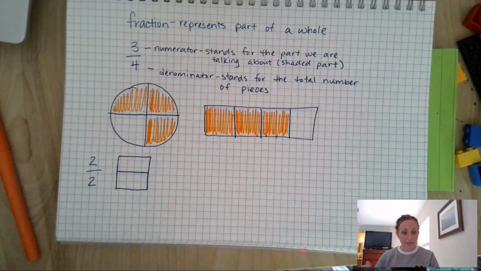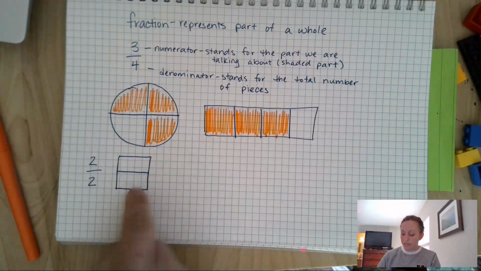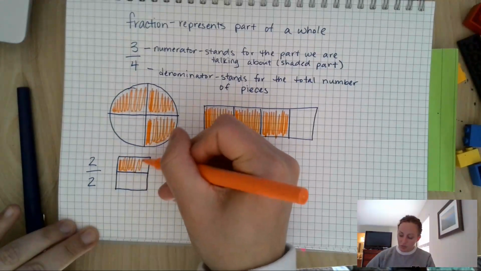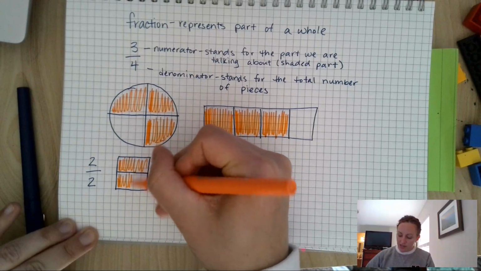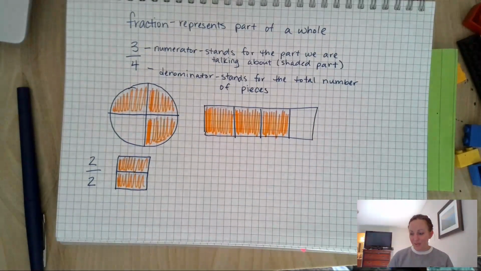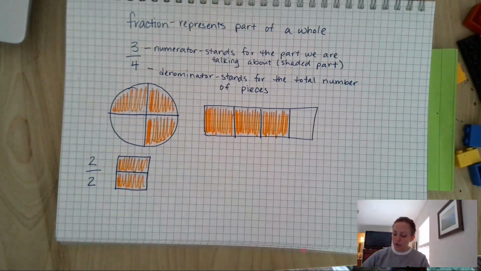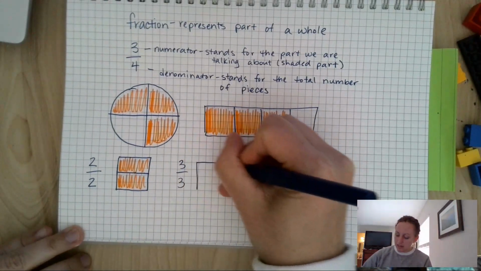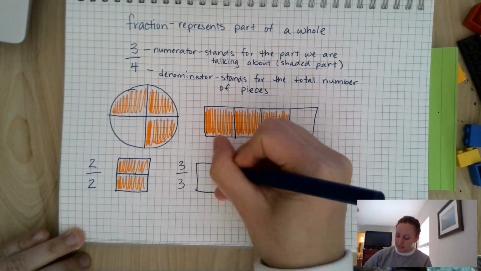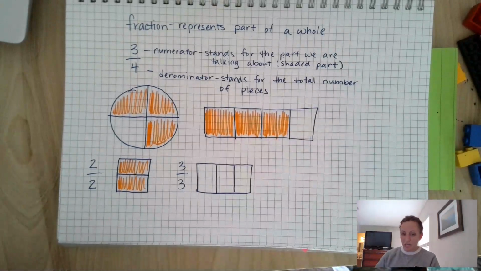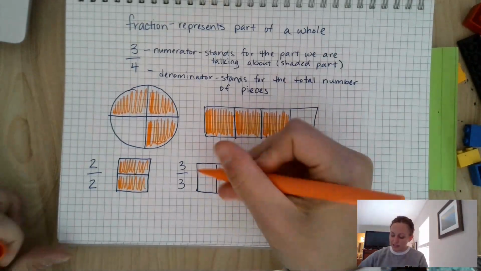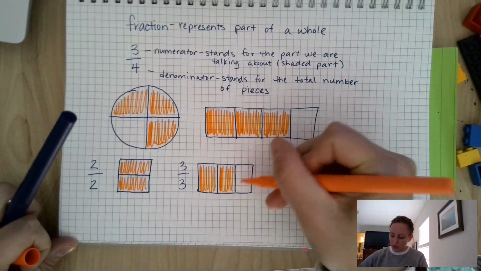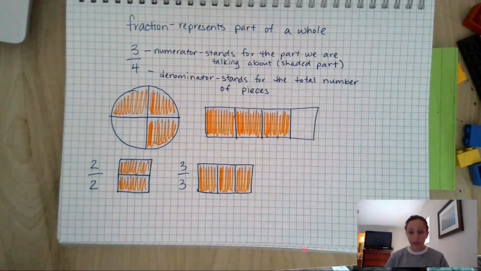Well, if we think about that, right, it has 2 pieces, and I shade in 2 pieces. If I've done that, I've shaded in the whole thing, right? If I have 3/3, same thing. I split it into 3 pieces, and I shade in 3 pieces. I've shaded in the whole thing.